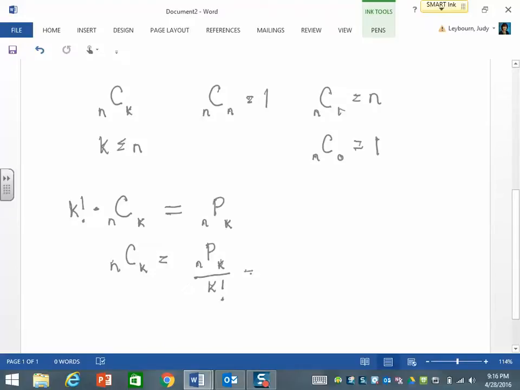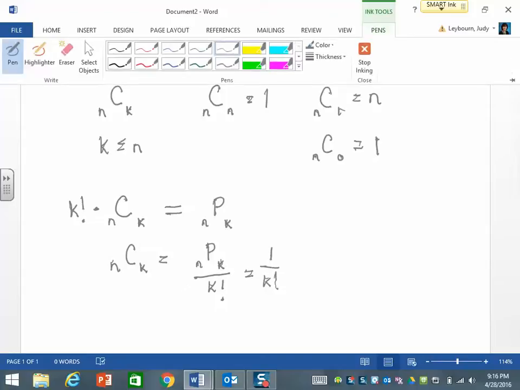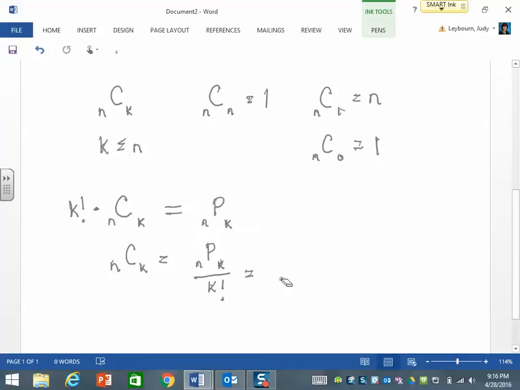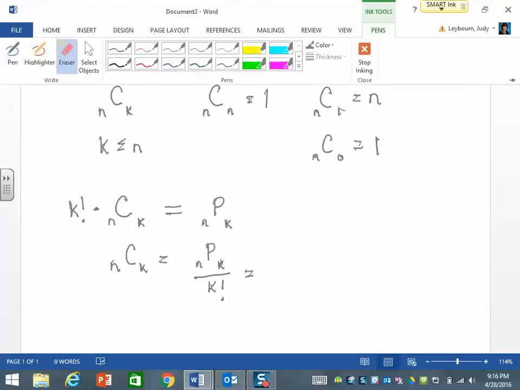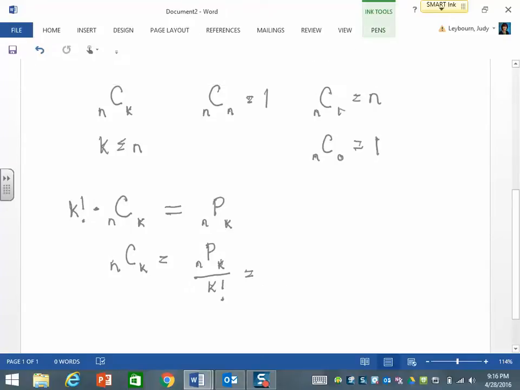That's the same thing as 1 over k factorial times the number of permutations of n objects, selecting k of them.